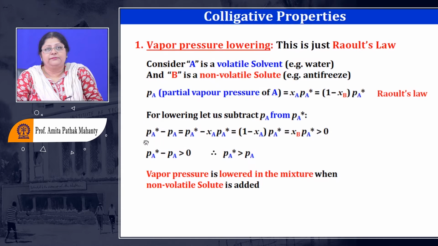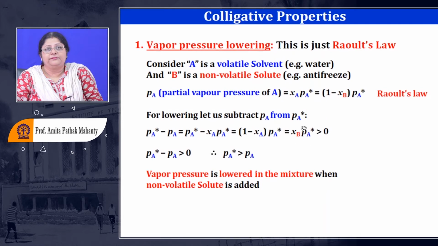So I take the vapor pressure of the pure solvent minus the partial pressure of A in the solution, and substitute using Raoult's law, rewriting the mole fraction of A as 1 minus the mole fraction of B. Taking the vapor pressure of A in the pure state as common, I have 1 minus XA times the vapor pressure of A in the pure state, and this is nothing but the mole fraction of the solvent times the vapor pressure of A in the pure state.